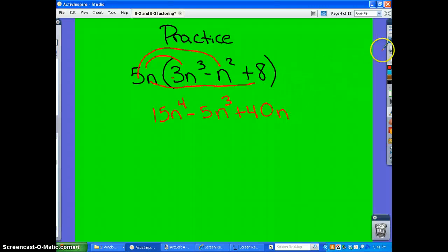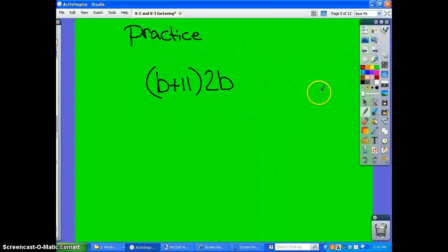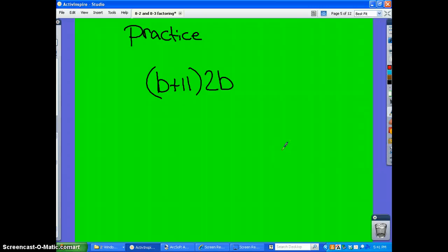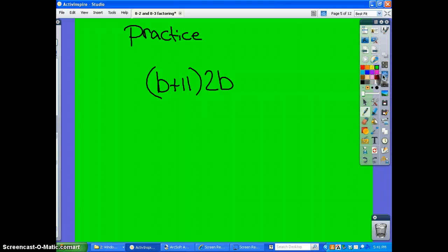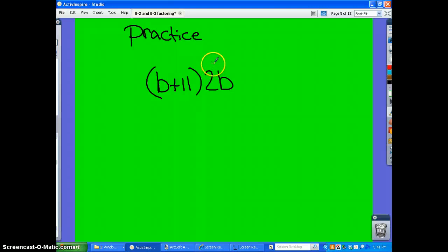Alright, let's keep moving. Here's another practice problem. Again, we can pause the video for just a minute and let you work through it. Alright, this time it's the same thing, all you're doing is backwards. For me, I always like to just rewrite it. I'll say 2b and then b plus 11.